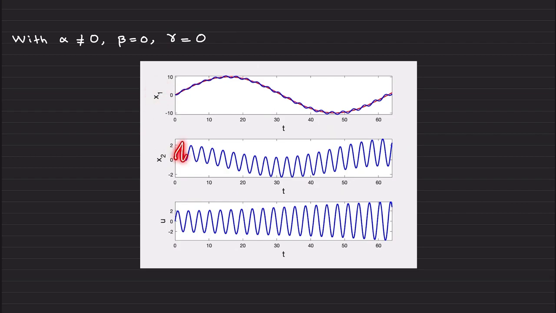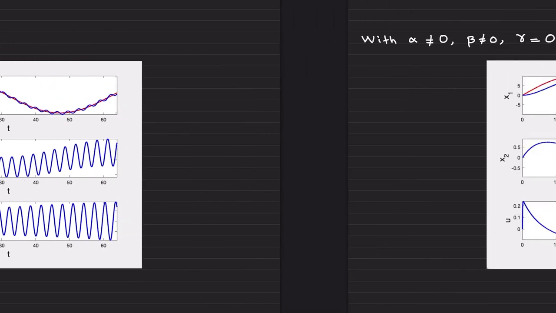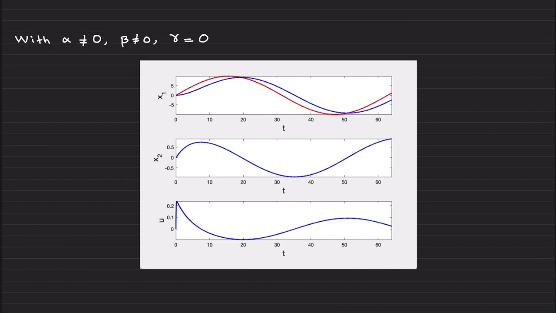So you have growing oscillations in x2 and the control signal gets unbounded. That's why we needed to add this beta v2 term, x dot to the power of 2, to dampen those oscillations. Now I am using alpha 4, beta 16, and I am not enforcing any constraints.